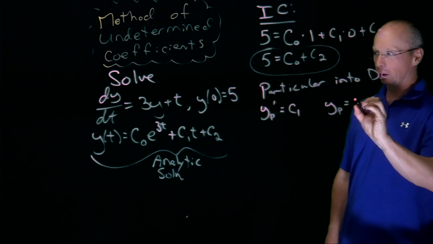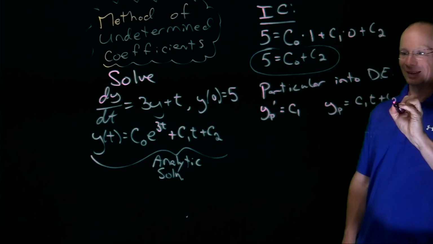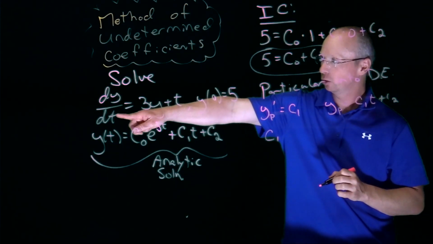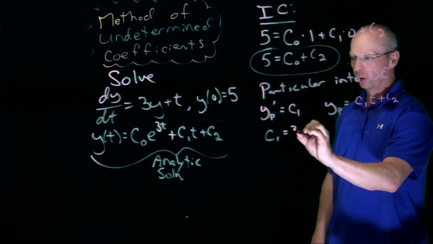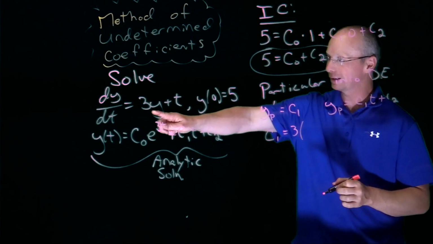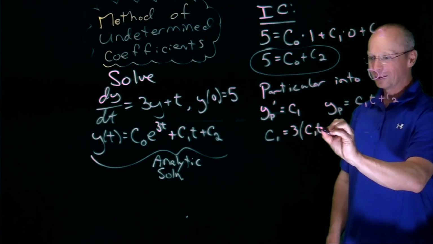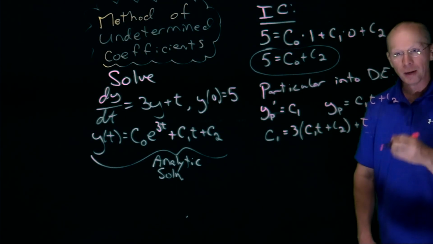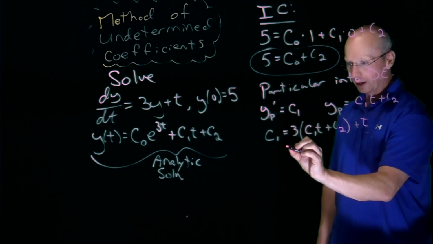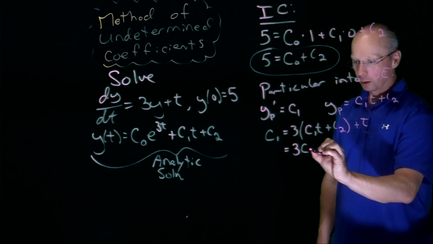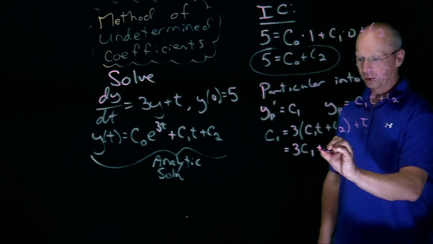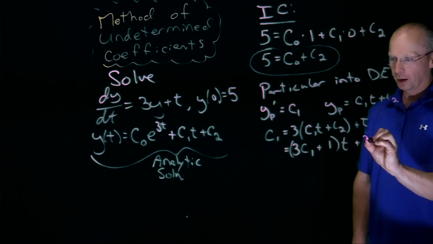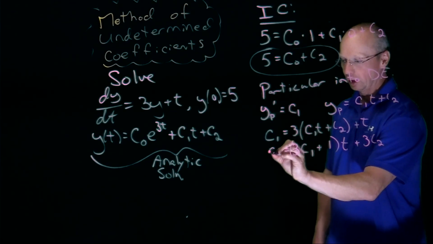My y particular, if you recall, is c1 t plus c2. So in the differential equation, I get c1, that's my derivative term, equals 3 times c1 t plus c2, plus t. And now if I gather all the like terms together, this is (3c1 plus 1) of the t's, and 3c2, that has to equal c1.